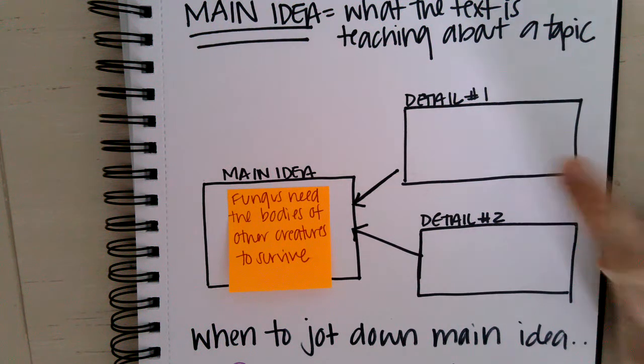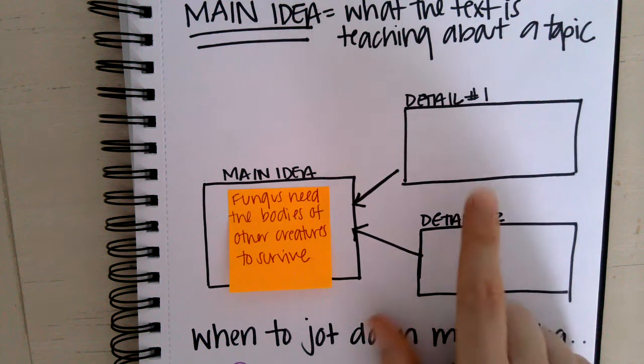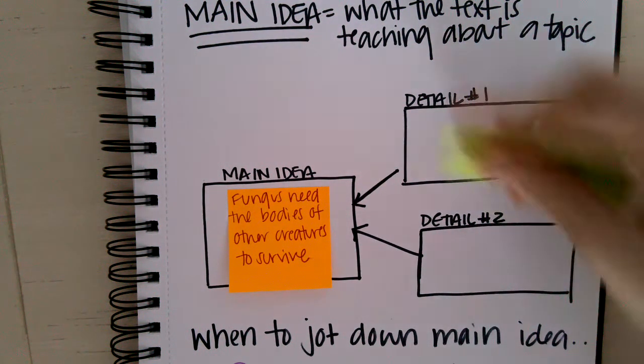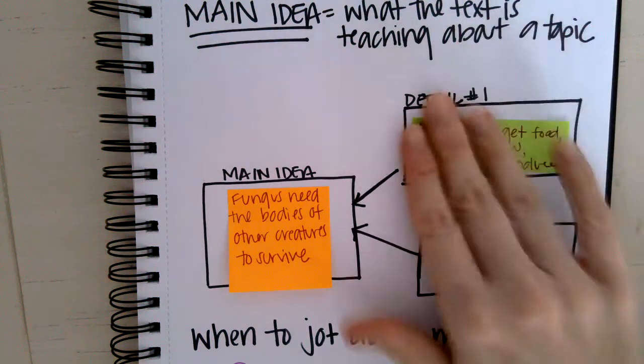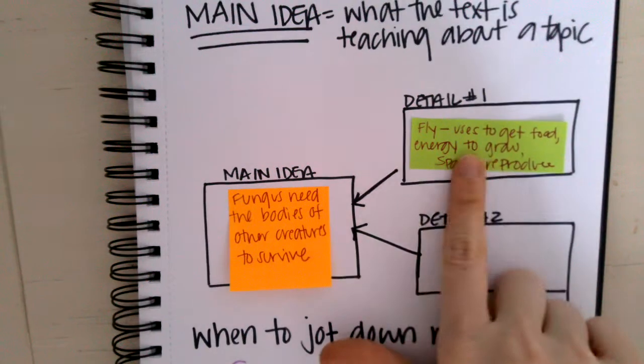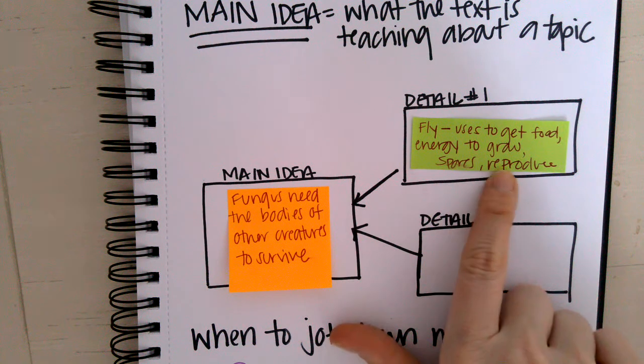So if I think about, okay, what detail proves this idea? Well, I had 2 details. There are 2 sections in this chapter, so I might jot down a little information about each one. Section 1 was about the fly. So we can say the fungus uses the fly to get food, energy, to grow spores, and reproduce.